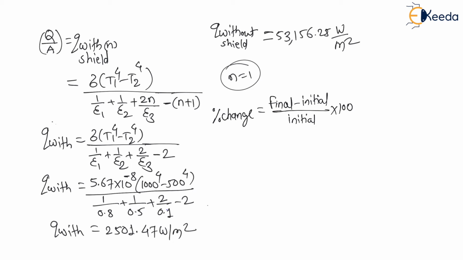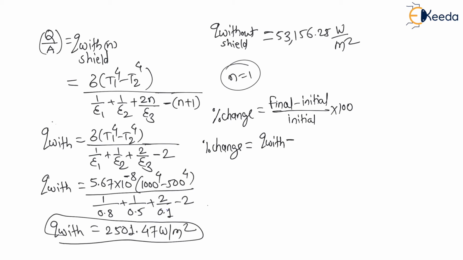This is called percentage change. Therefore the percentage change in heat transfer has the final value Q with shield and the initial value Q without shield: (Q with shield minus Q without shield) divided by Q without shield, into 100.